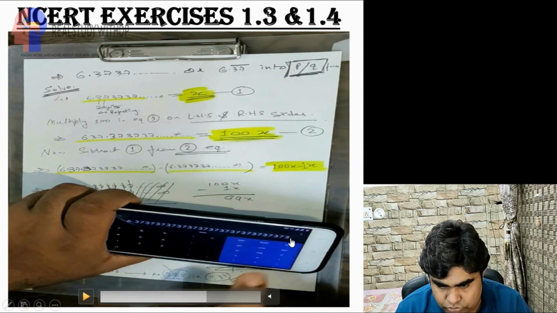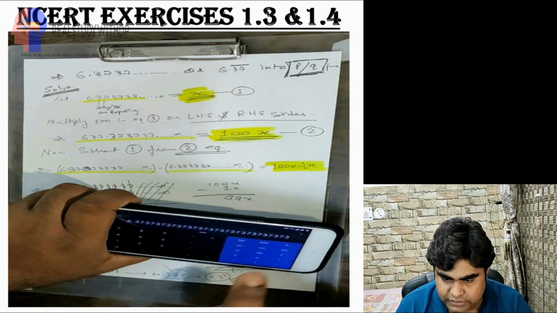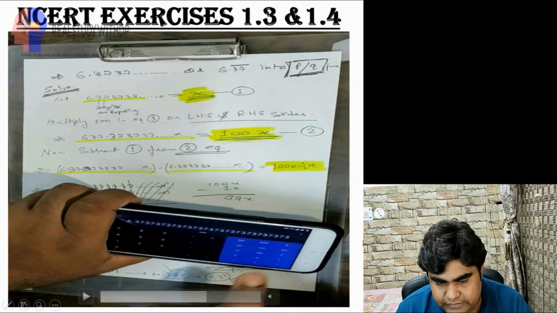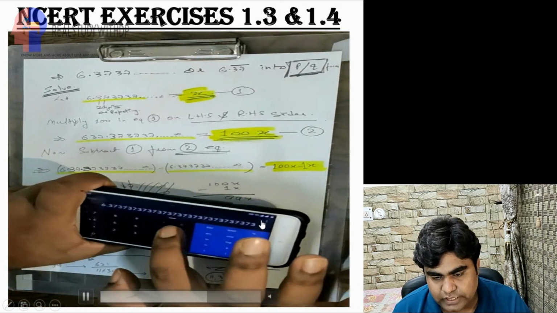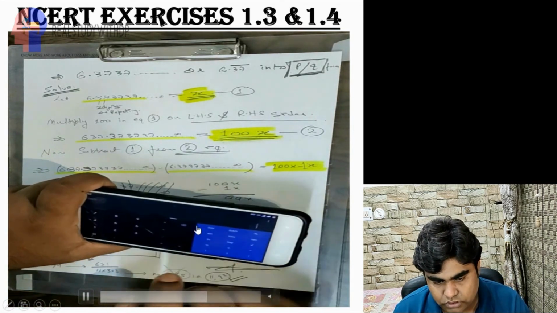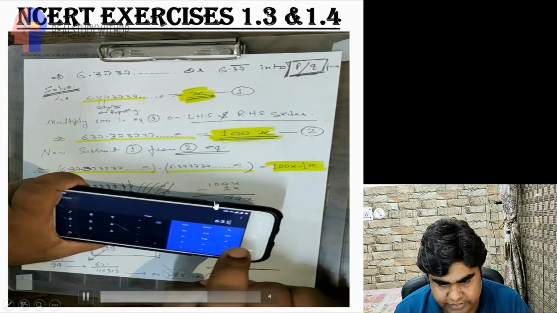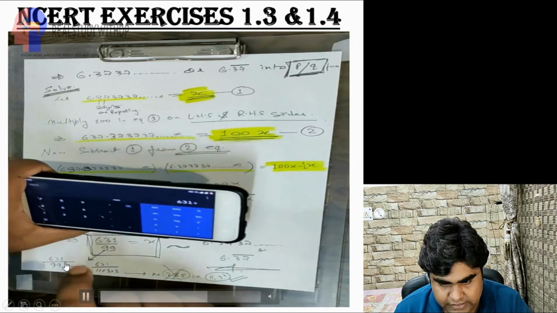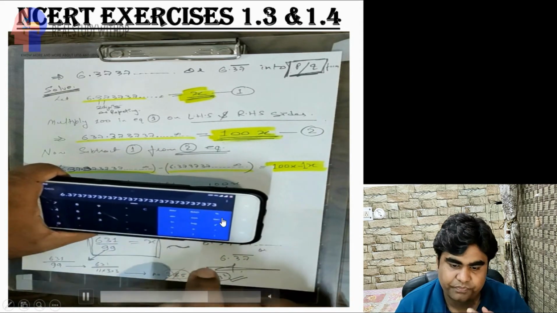It is due to the restriction of the screen. If the screen were bigger and the programming of the calculator were more, then the digits would be non-ending. That means non-terminating. So that was the whole description. So we can see one more time over here, divided by 99. So we are going to get the numbers till infinity.